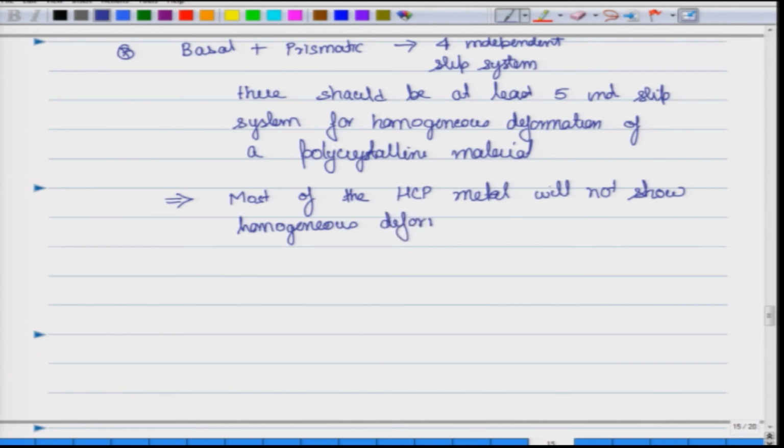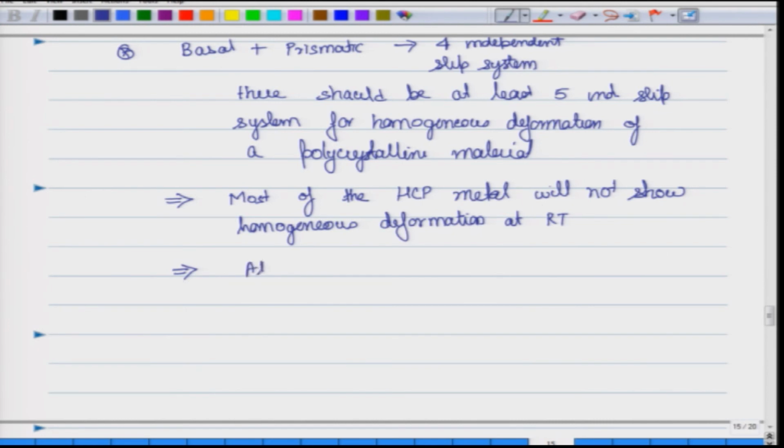And this is absolutely true, whether you are talking about something like zirconium, titanium, magnesium, they do not show very good deformation behavior. They are not homogeneous at lower temperature. And even at higher temperature, some of these materials do show a very good homogeneous deformation.